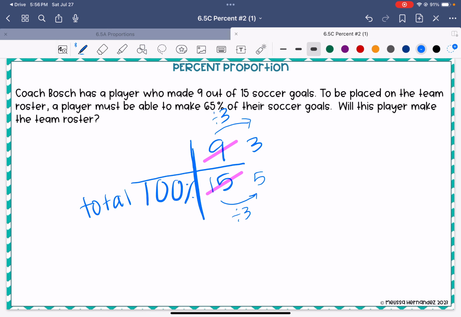How does 5 become 100? 5 times 20 gives you 100, and whatever you do to the bottom, you're going to have to do to the top, which is the 3. I'm going to multiply that by 20, and that'll actually give me 60%. So this player would not make the team because it's only 60% instead of 65%.